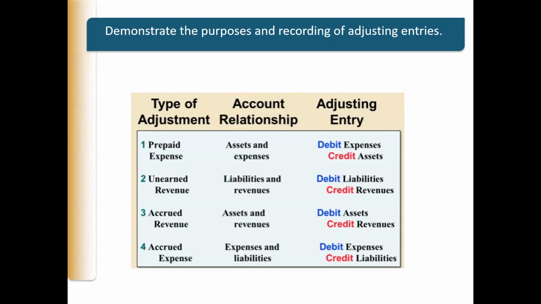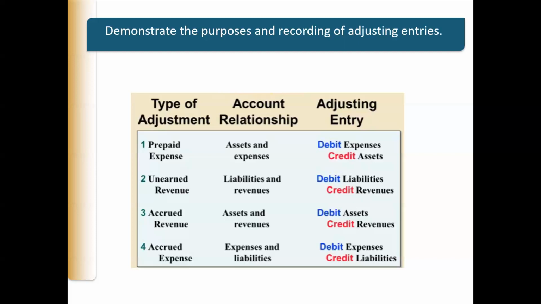We paid it up front, but we treated it as an asset. And through the passage of time, it becomes an expense. So to adjust these prepaid expenses, we will debit our expense, which means increase our expense, and we credit the asset, which means reduce that asset.